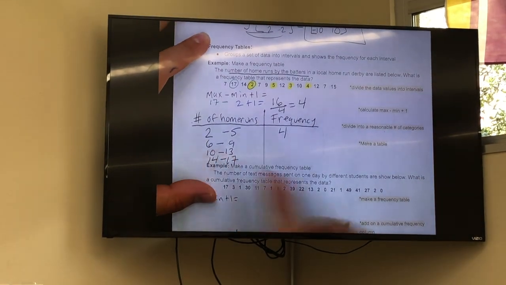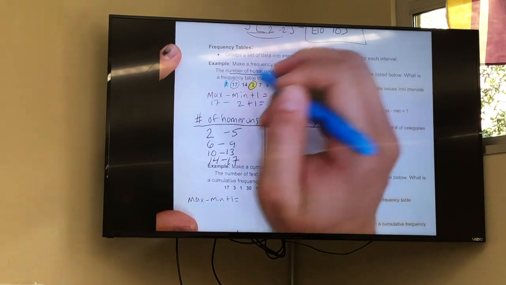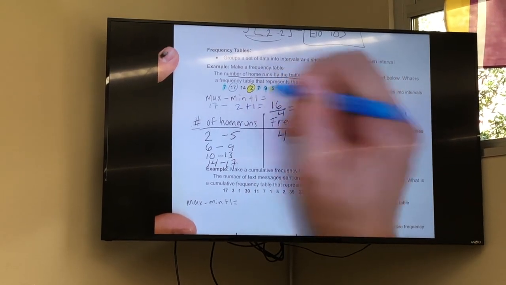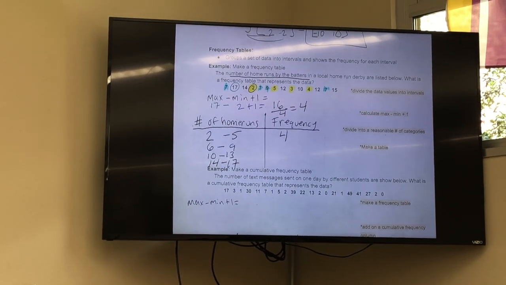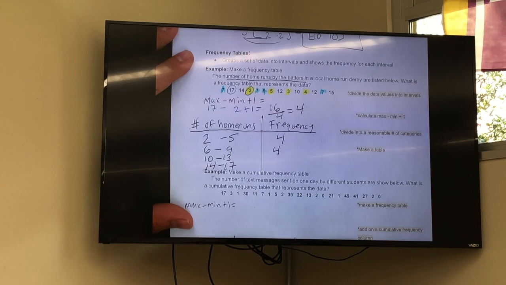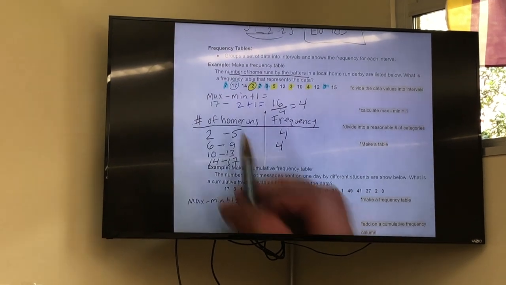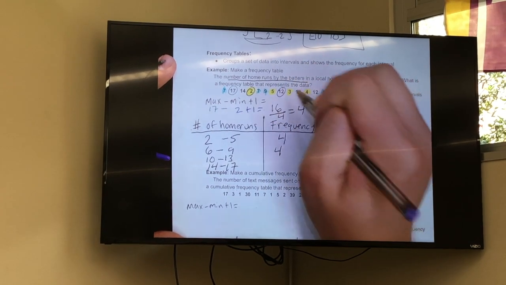We're looking through 6 through 9. Okay? 7, 7, 9, 7. Again, I counted 4 numbers. We're looking 10 through 13. Okay, so 10 through 13.